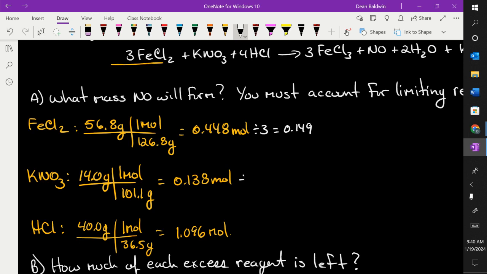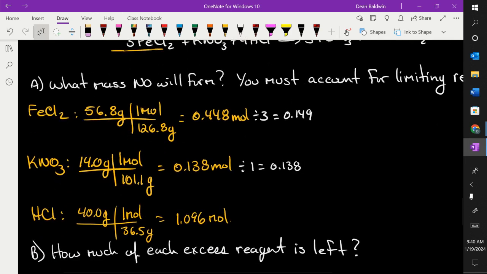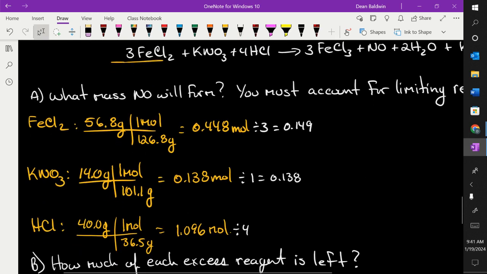For potassium nitrate, it has a coefficient of 1, so you're dividing by 1, so that doesn't change anything. And the HCl, you're dividing by 4, because that's the coefficient. And that gives us 0.274.